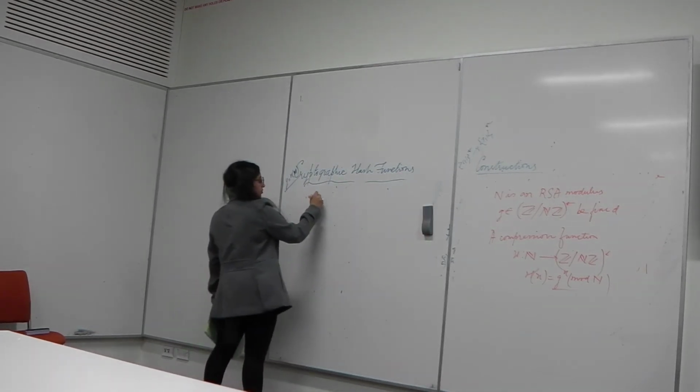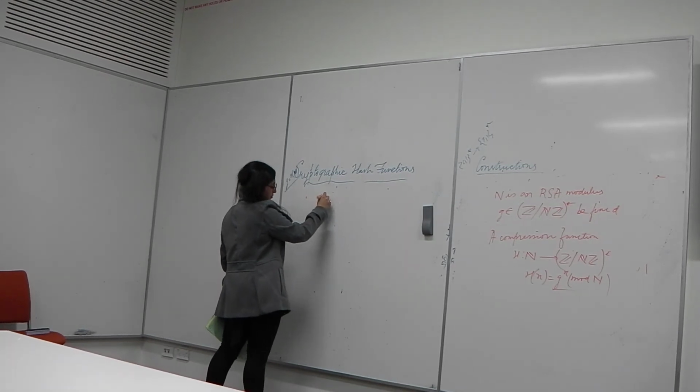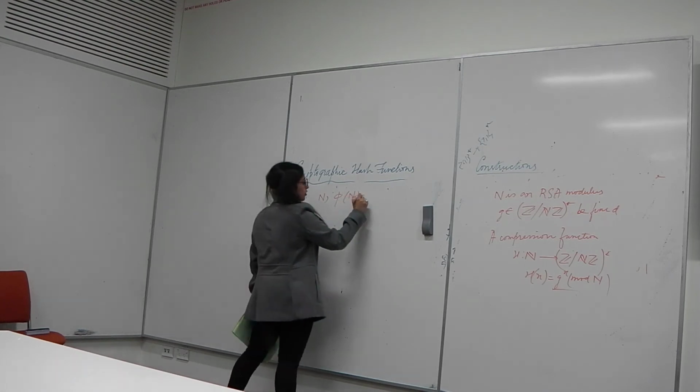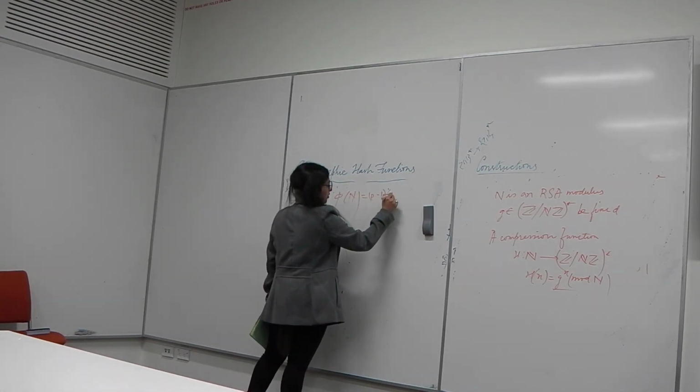So if someone can factorize n, then they can get phi of n, which is p minus 1 times q minus 1.